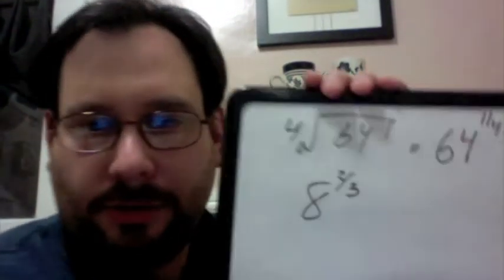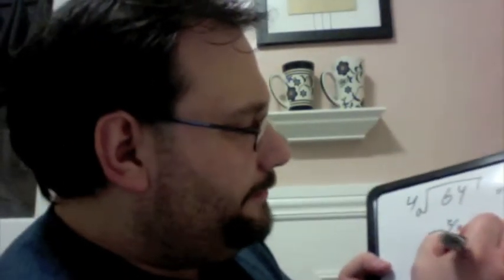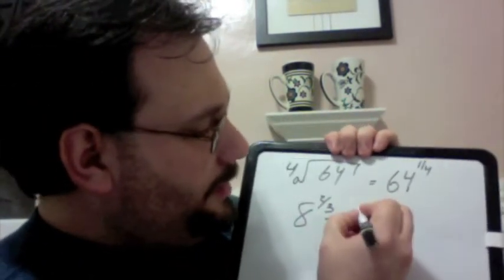Now, the other thing you can think about this as is if you can have a power that's not a 1 over something. So if you have, let's say, 8 to the 2/3 power.